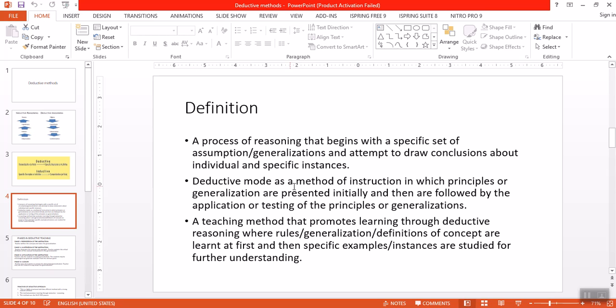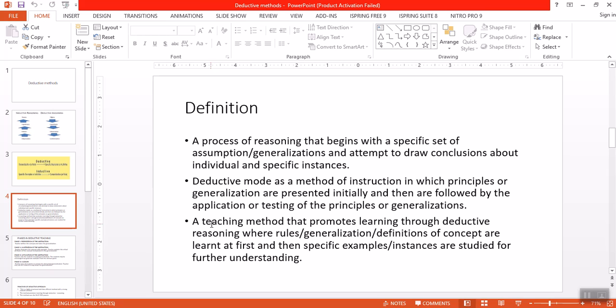Deductive mode is a method of instruction in which the principles or the generalizations are presented initially and then followed by the applications or the test of the principle or the generalization. So this is very simple and clear, very neat.